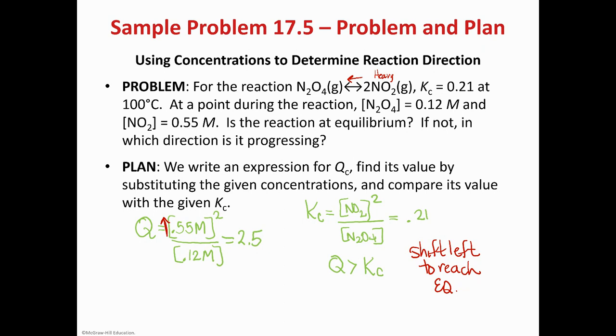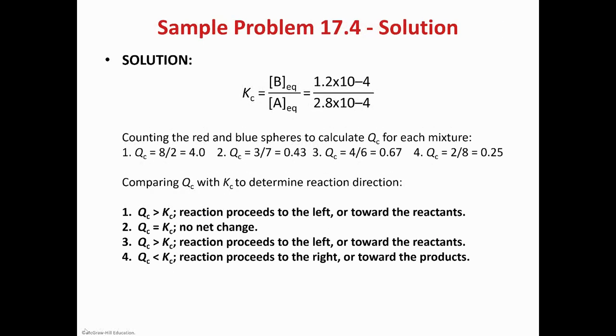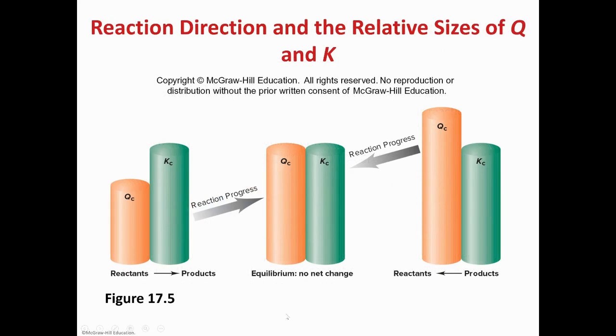So if you are more of a picture person, we can go back to the previous slide. I didn't like that particular sample problem. You can go through and do it if you want. I just don't like the negative exponents. Okay, let's take a look at this picture. In our example that I just did, our Q is 2.5 and our Kc was 0.21.